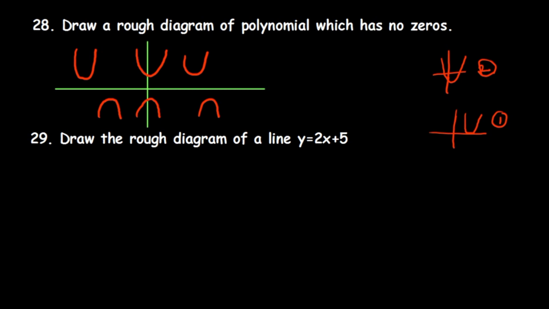Next one, draw the rough diagram of the line y is equal to 2x plus 5. Yes, important for 2 mark questions, this one also. So y is equal to 2x plus 5 means we should prepare the table, right? Roughly we should prepare the table here.